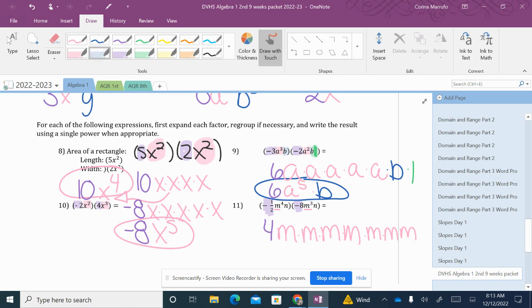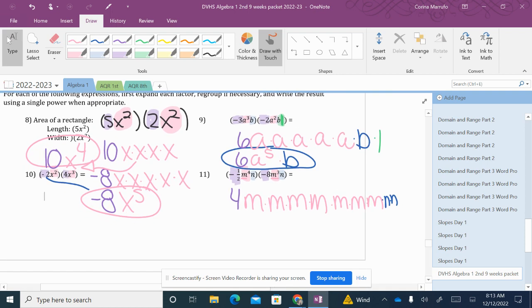And then the n's: here I have 1 n and 1 n there, a total of 2 n's that we're multiplying, so n squared. So now we have our coefficient of 4 times m to the 7th power times n squared.